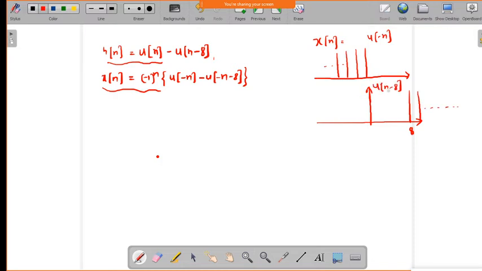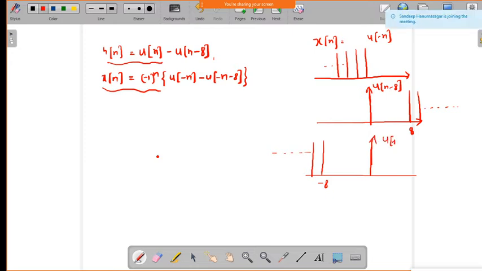If you reflect this one, it will be starting from minus 8, and it will go on like this. So this is your u of minus n minus 8.